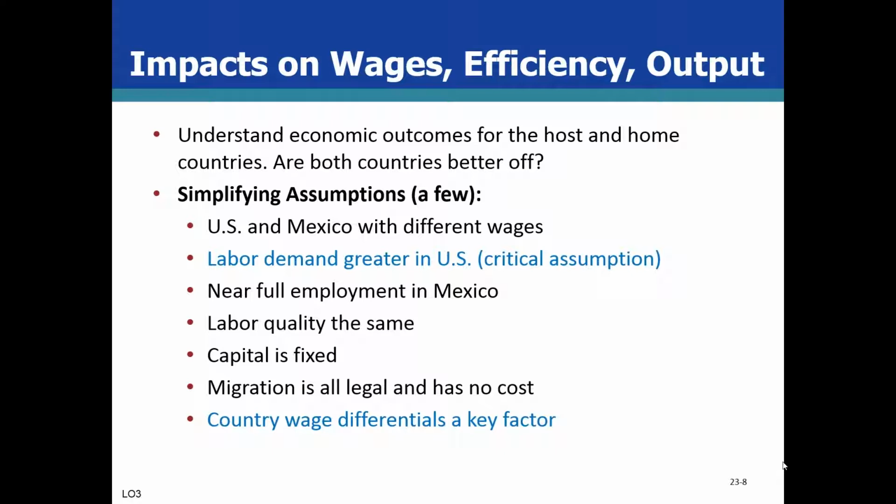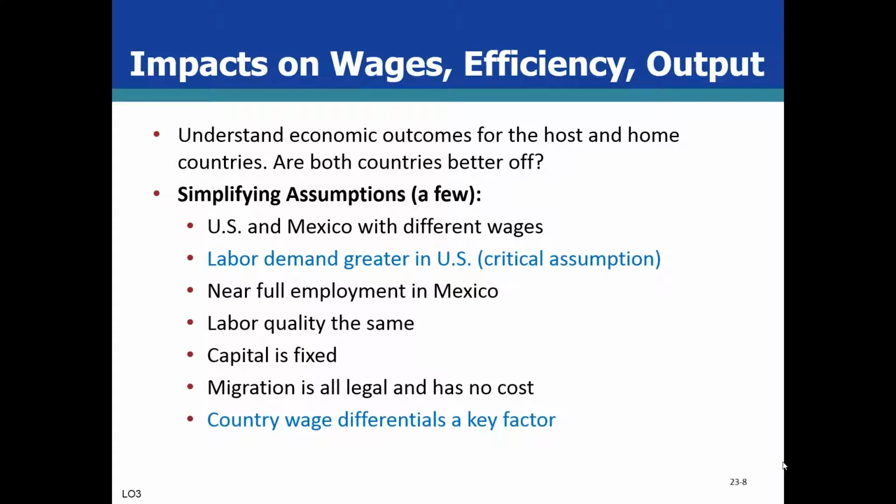Well, in order to get there, we need to make a few simplifying assumptions. I'm going to try to highlight what I think are the critical ones in order to make this whole theory work, okay? First, for our theoretical model, we're going to assume two countries, the United States and Mexico, with different wage rates and different output.